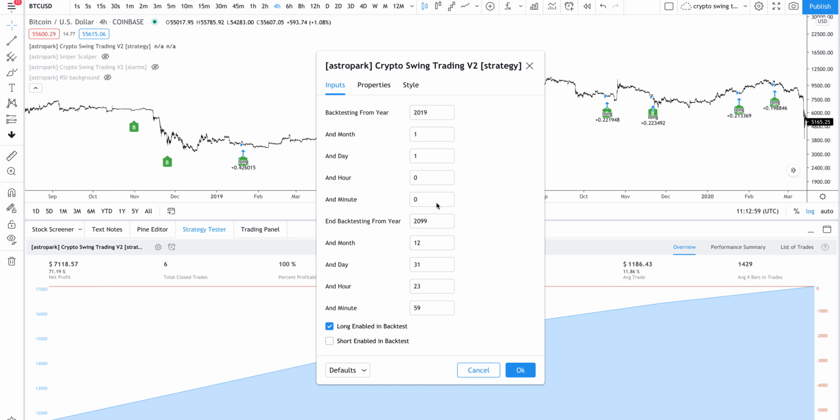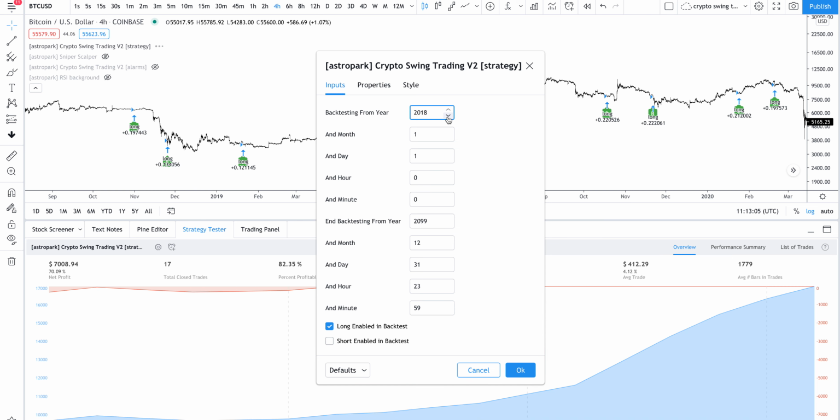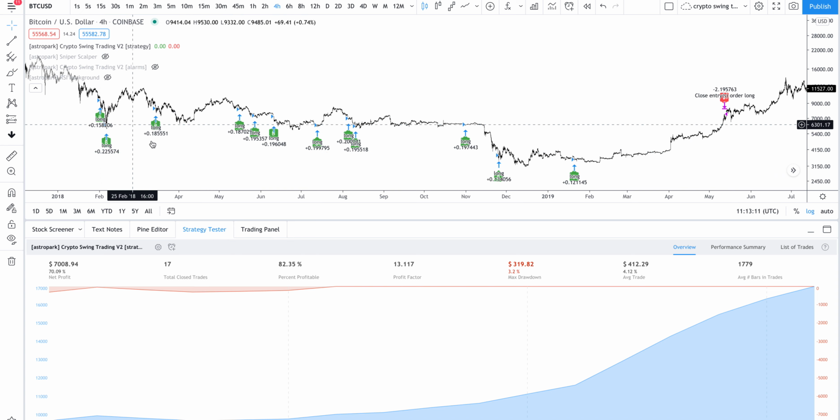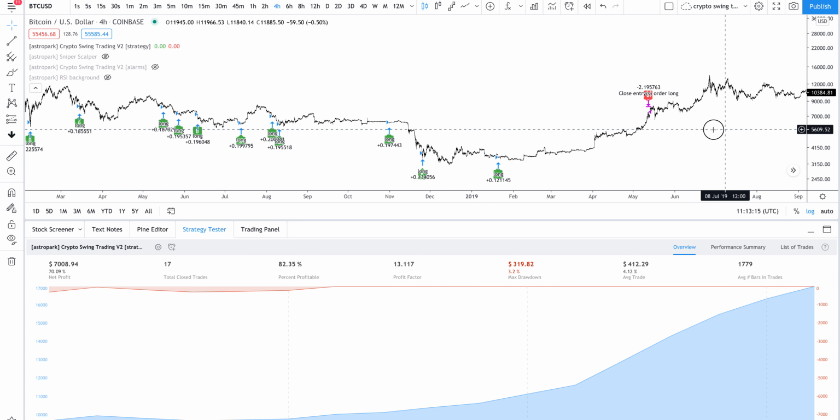It's testing since 2019. Let's see, including also 2018, for example, so it averaged down a lot. Every time it was buying, buying, buying, then it sold.